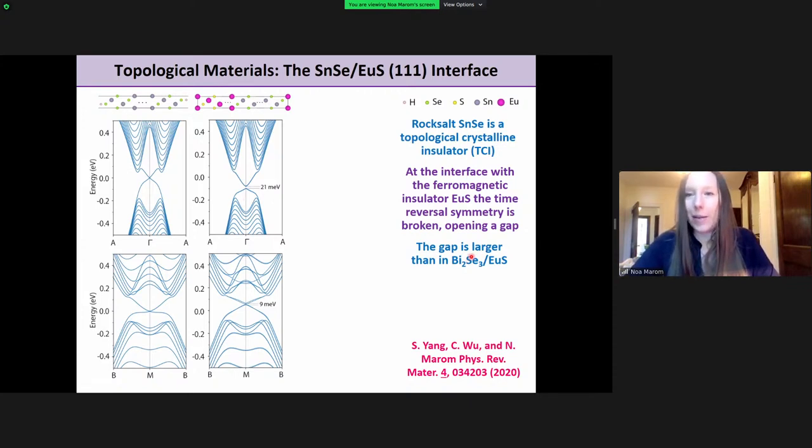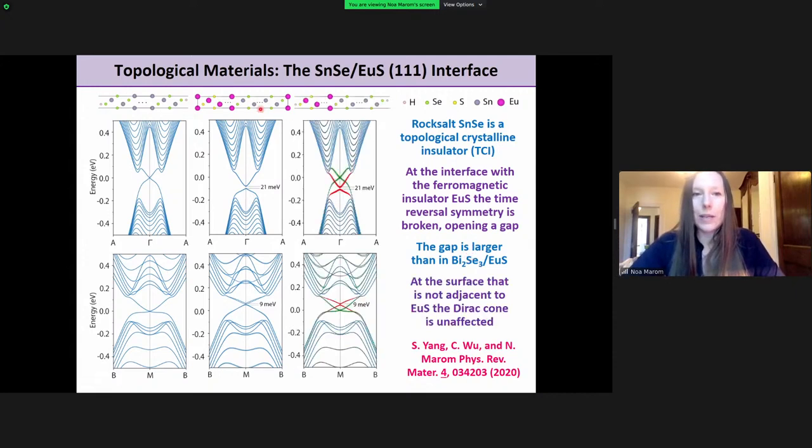Another interesting thing about this interface is that this one was a periodic heterostructure model where you have interfaces on both ends. But when you have a model of the tin selenide being grown on top of the europium sulfide, and then you have a top surface here, then you actually see that it's split into two Dirac cones.